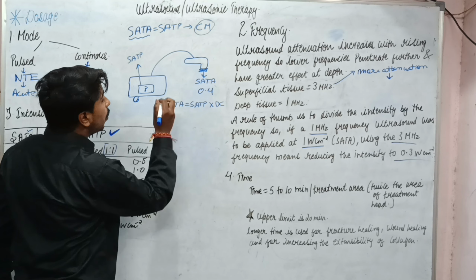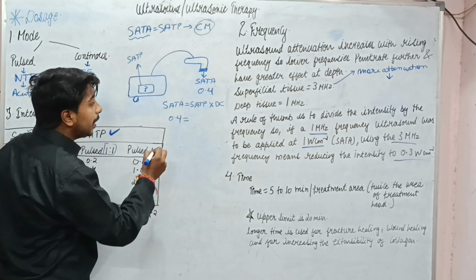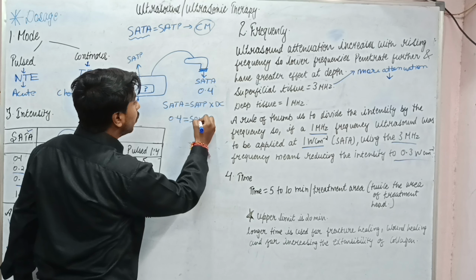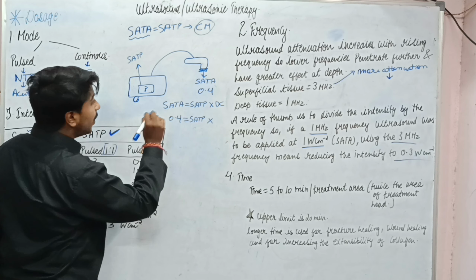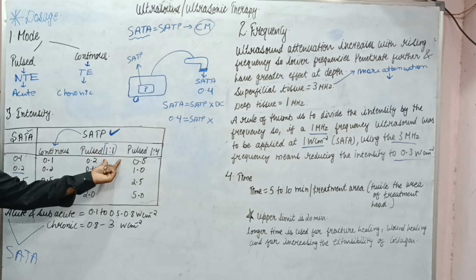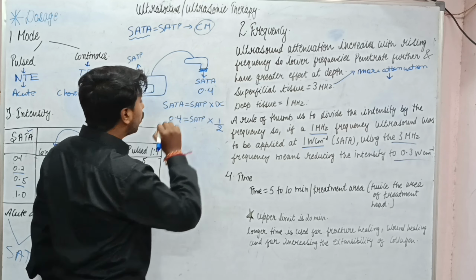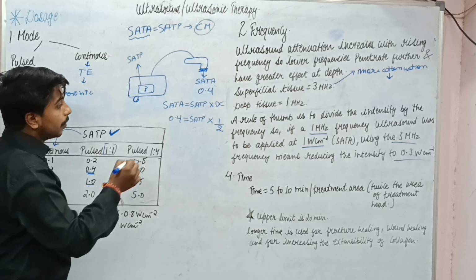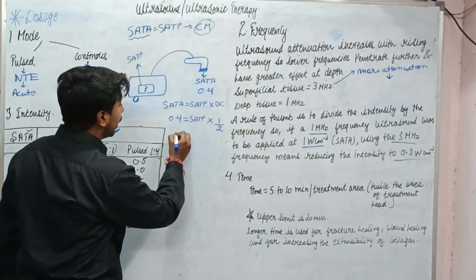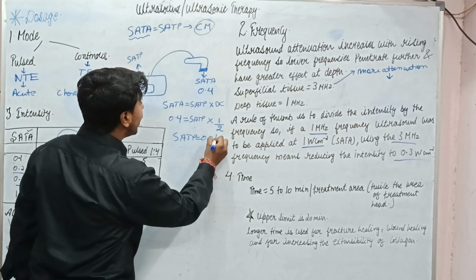We know the value of SATA, which is 0.4. SATP is what we are going to find out. And what will be the DC, that is duty cycle? If mark space ratio is 1:1, then duty cycle will be 1/2. So this 2 will come here and SATP will become 0.8.